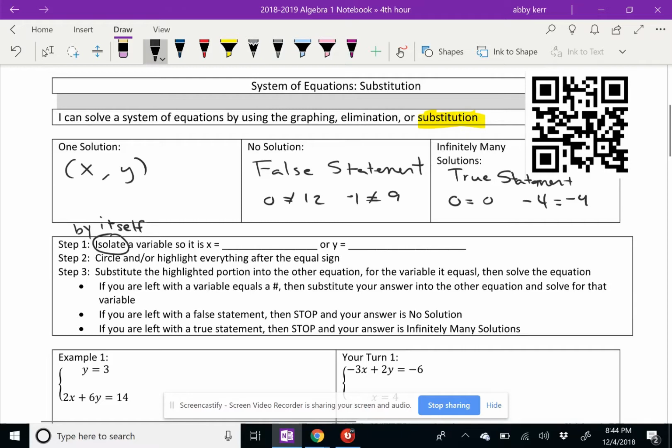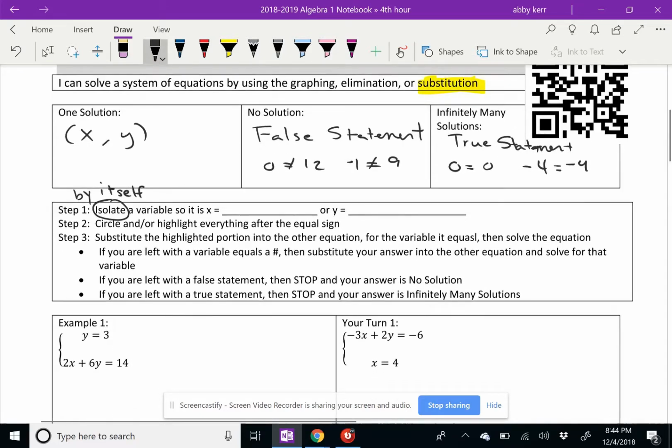Once you do that, I recommend having some type of strategy, like a highlighter or a colored pencil, for you to circle all of those terms with, so you make sure that you input all of those into the correct variable. And then lastly, once you substitute the portion, you're going to solve it.